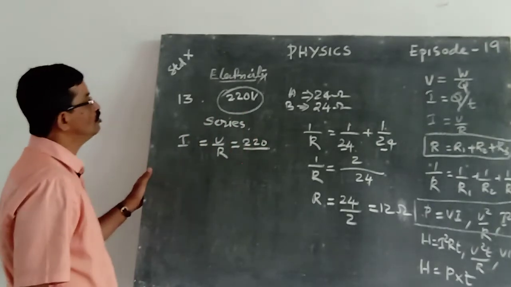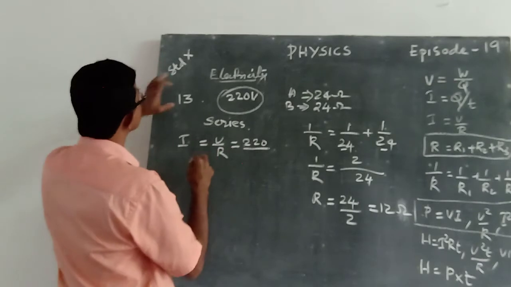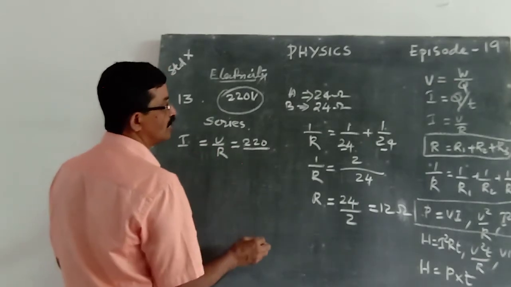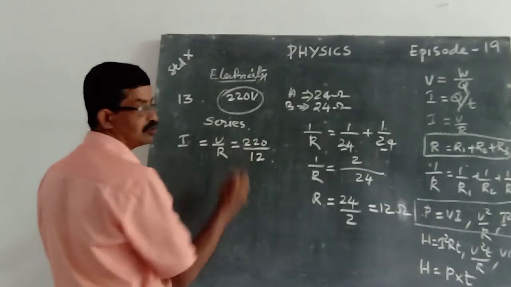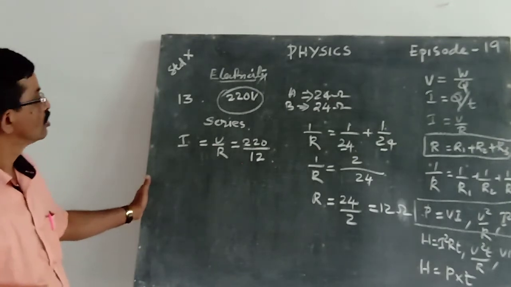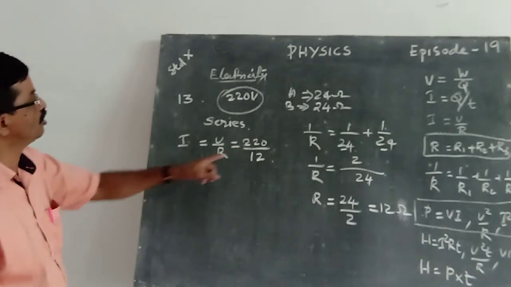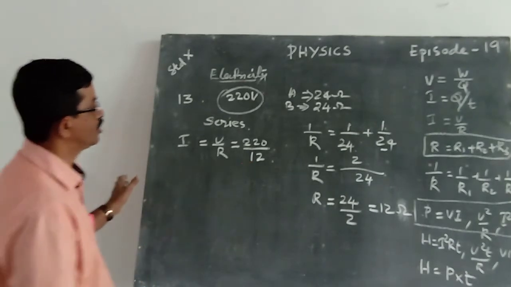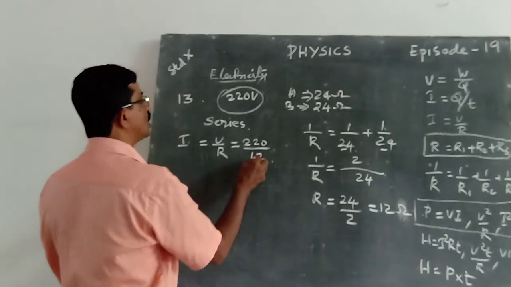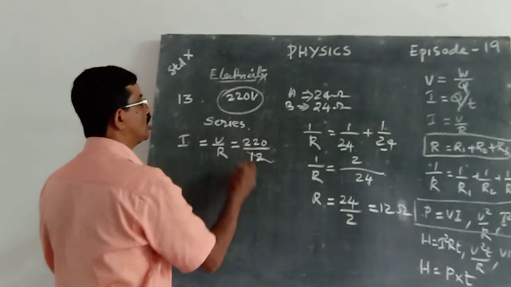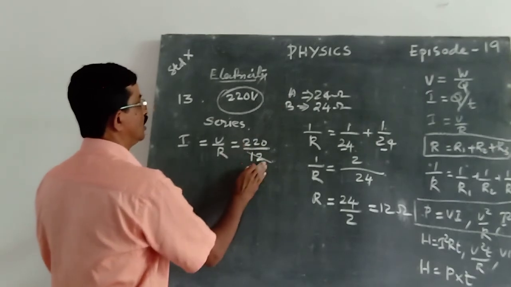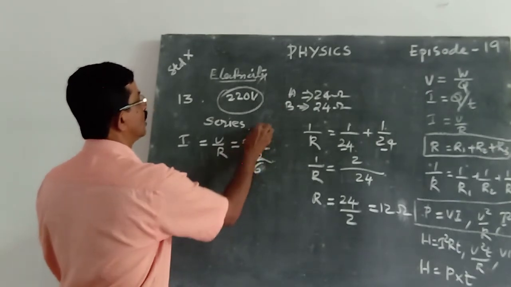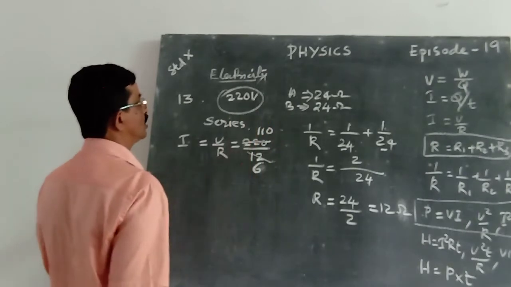Here how much is R? 12. See, 220 by 12. Now we can divide. We can cancel with 2 times 6. 6 will come here, 11.